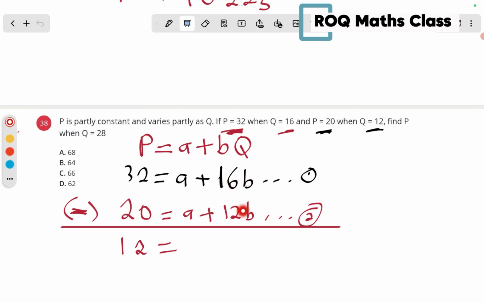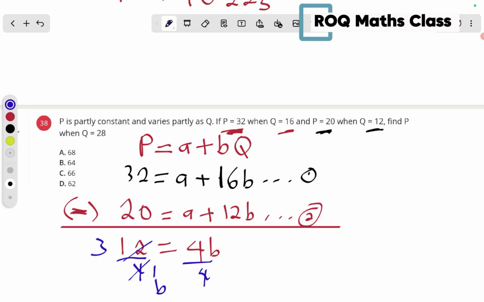Then 16B minus 12B, we are going to have 4B. So to get the value of B, we divide both sides by 4. So the value of B is 3.